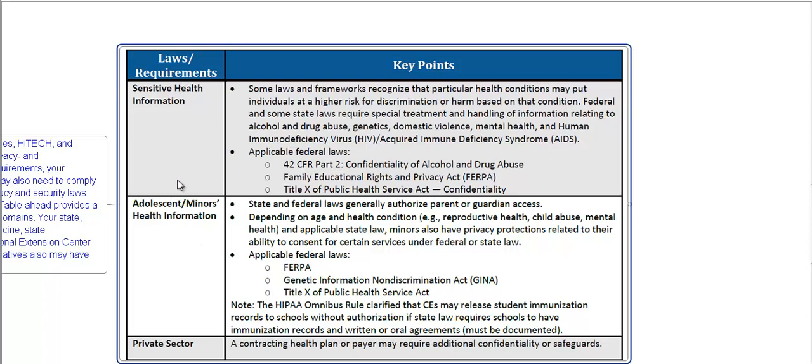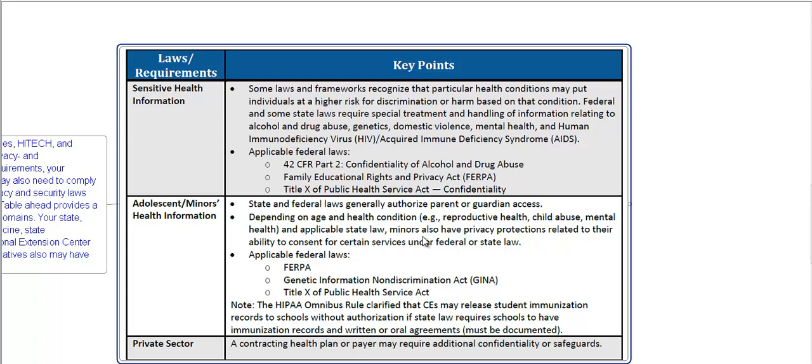Laws requirement: adolescent minor health information. State and federal laws generally authorize parent or guardian access depending on age and health condition. For example, reproductive health, child abuse, mental health, and applicable state laws.